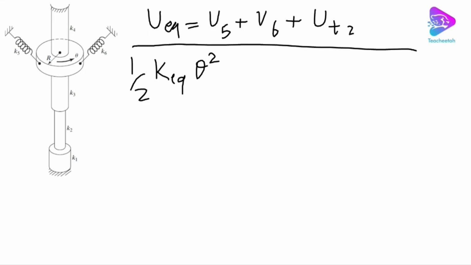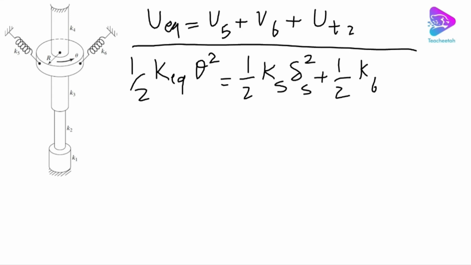So for U5, which was a linear system, we have 1 over 2 K5 delta 5 squared, where delta 5 is the deflection of spring K5. Plus, same thing for U6, which is 1 over 2 K6 delta 6 squared. And for UT2, which is a torsional spring, it is equal to 1 over 2 KT2 theta squared.